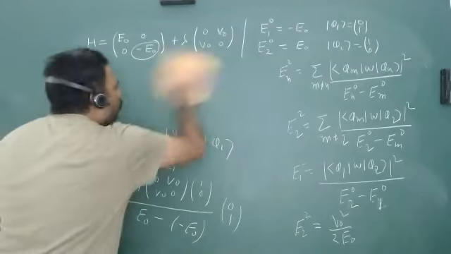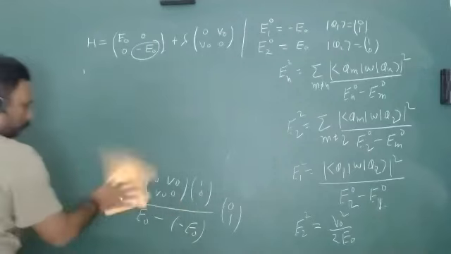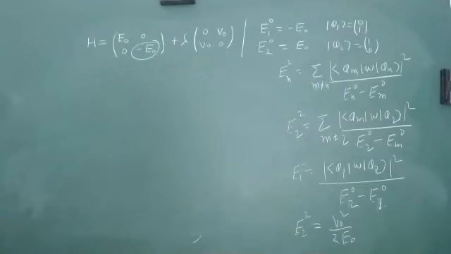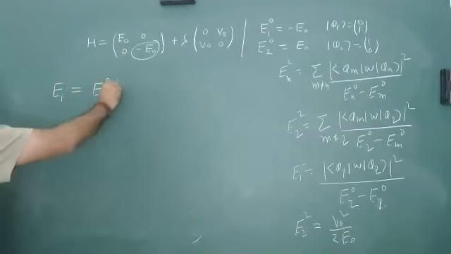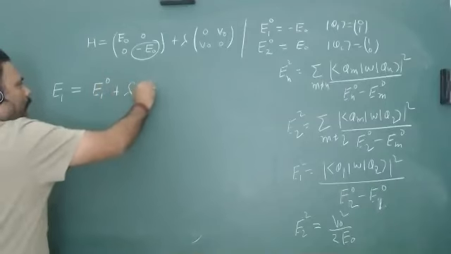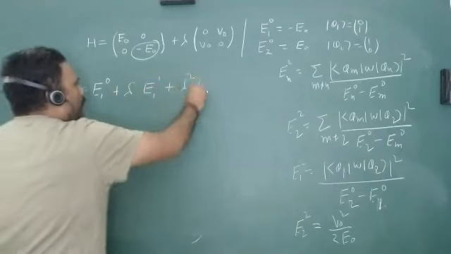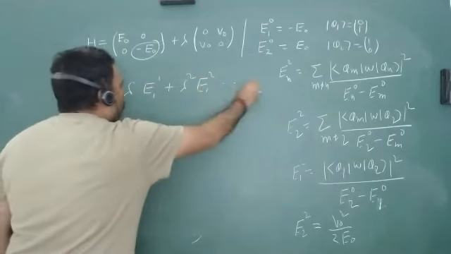Now, how are you going to write the answer? The answer can be written as E1 is equal to E10 plus lambda E11 plus lambda square E12 and so on.